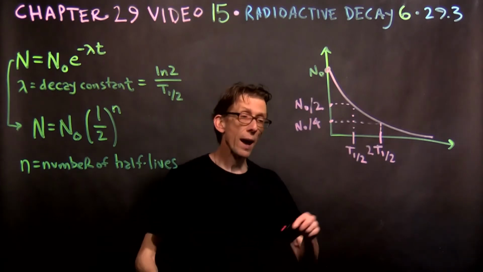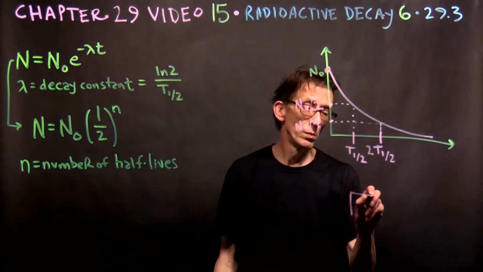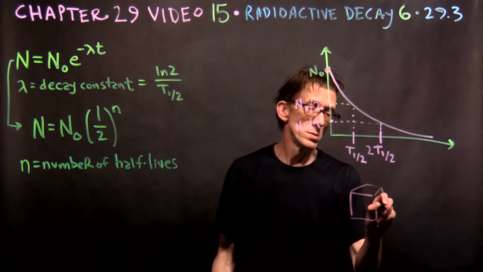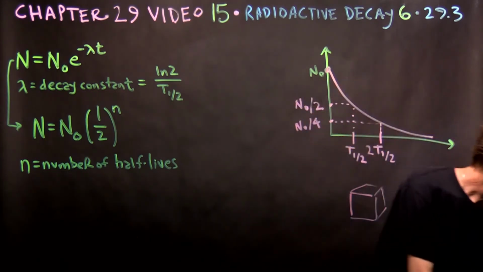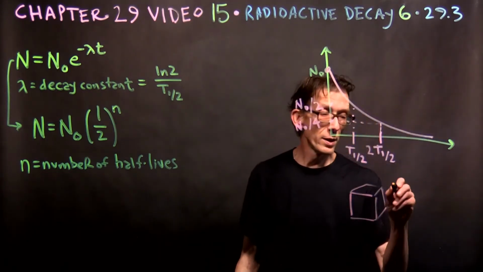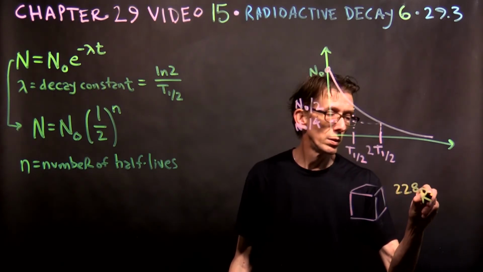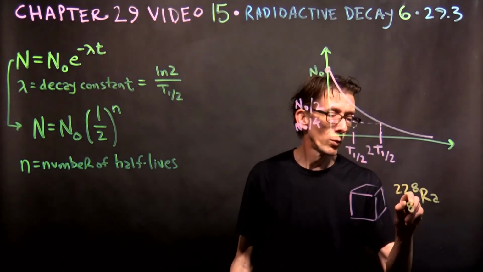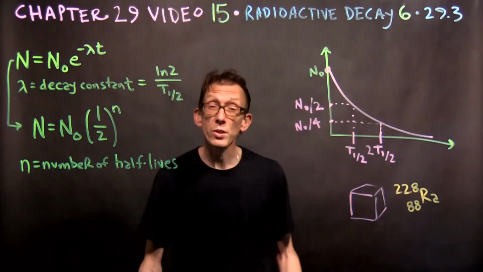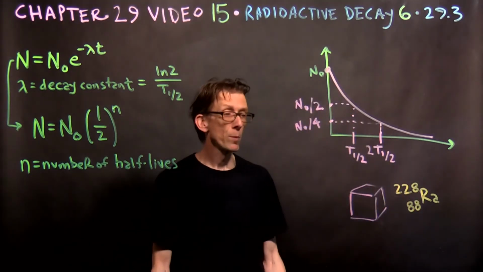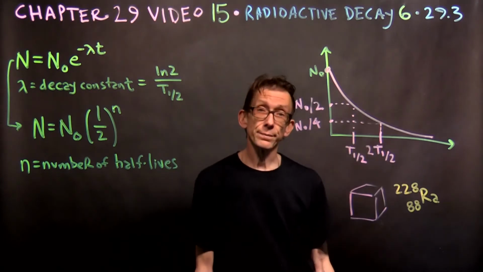So let's say that we have a sample. There's our sample of radium, which is 88. Radium is any nucleus with 88 protons. Radium-228.